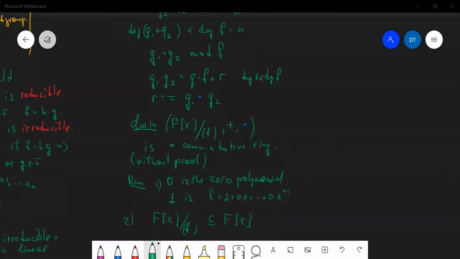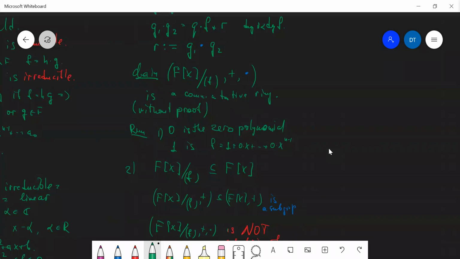Okay. So since there are no questions, I'd like to ask a question, please. About the notation. So you write f of x slash f. What does the slash f part mean? Okay. There is a notion of a quotient ring. If you are given a ring and an ideal, you can produce a quotient ring.